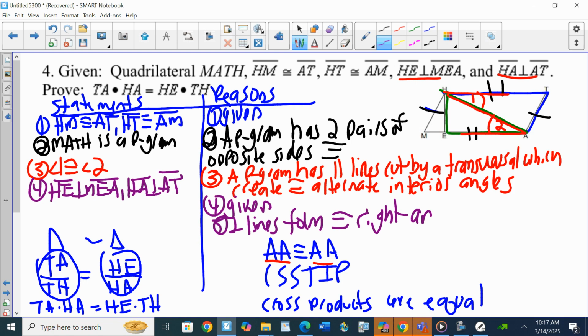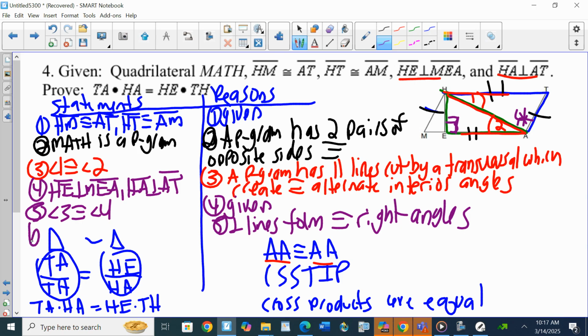The right angles are where those lines intersect. So HE, MEA, that's the one that's in the green triangle. And then HA, AT, there. I'm putting a 3 and a 4. Angle 3 is congruent to angle 4. I've got two pairs of angles.